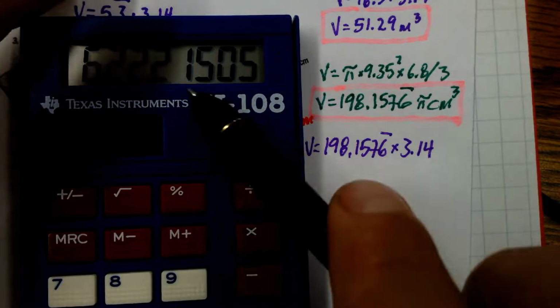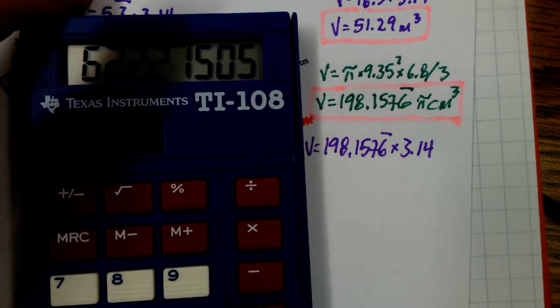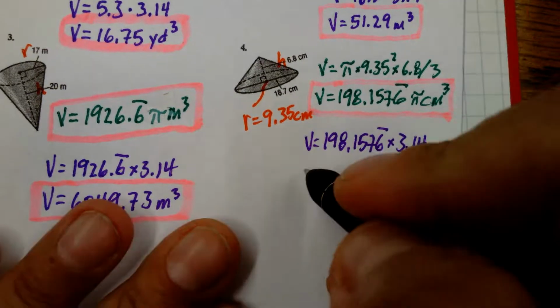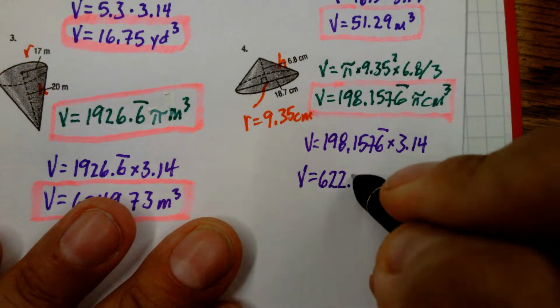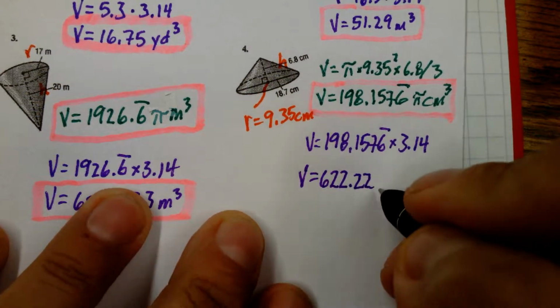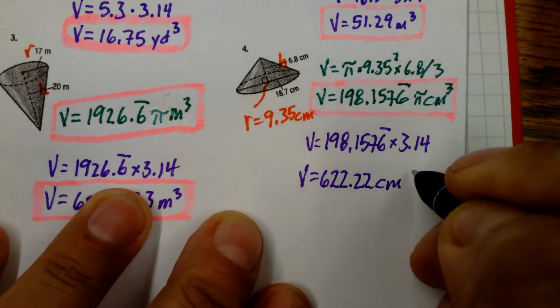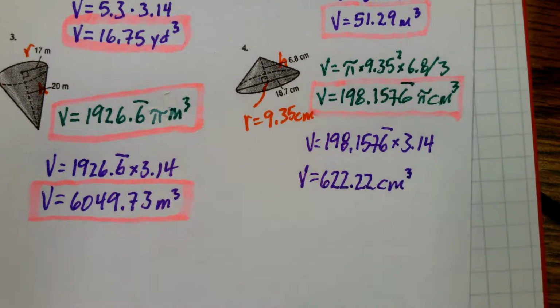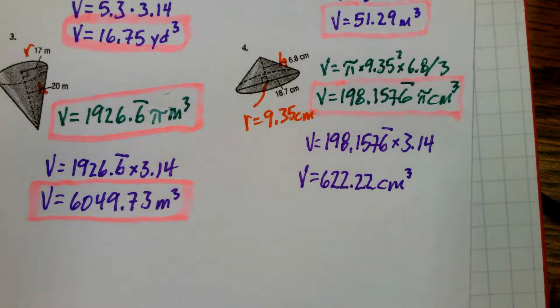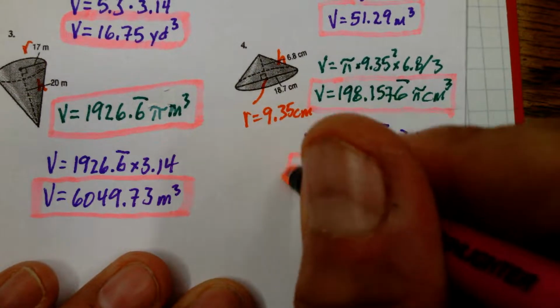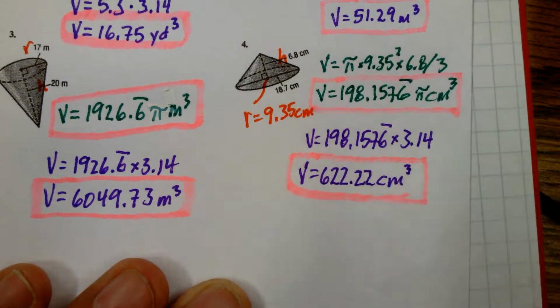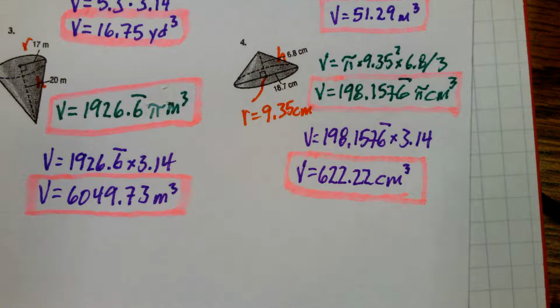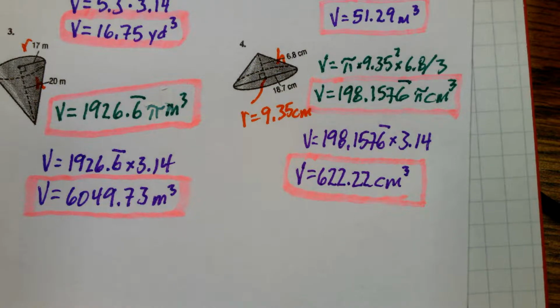This 1 becomes a 2 because of the 5 in the thousandth place. So 622.22 cubic centimeters. So it would be the same size as about 622 sugar cubes.